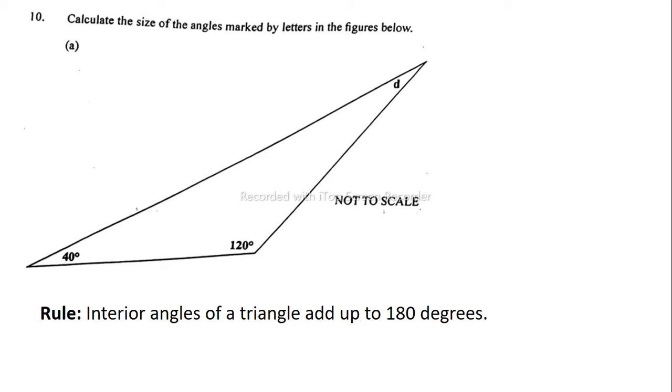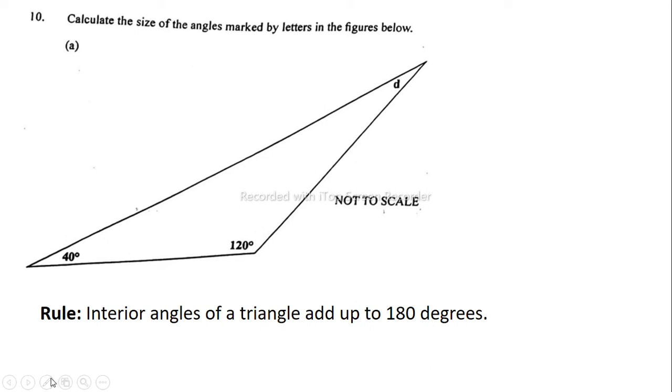All right, so the rule is that the interior angles of a triangle add up to 180 degrees. And so that means that 120, 40, and D must all add up to 180 degrees.